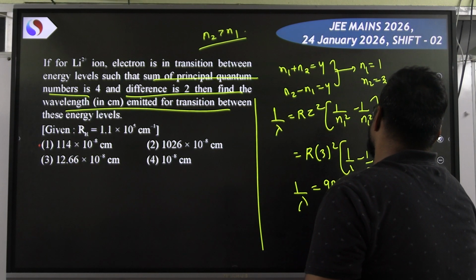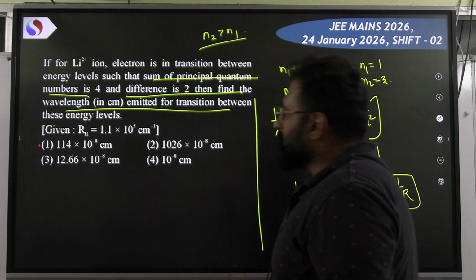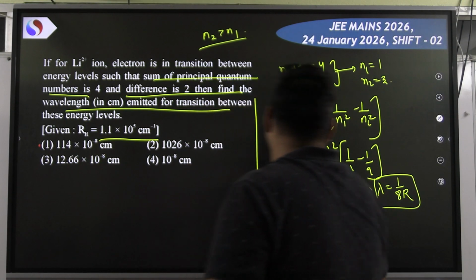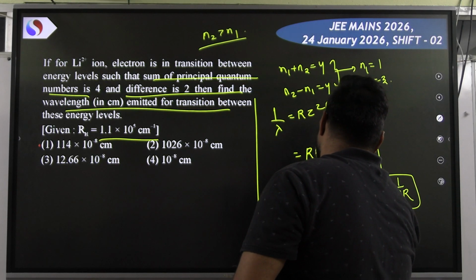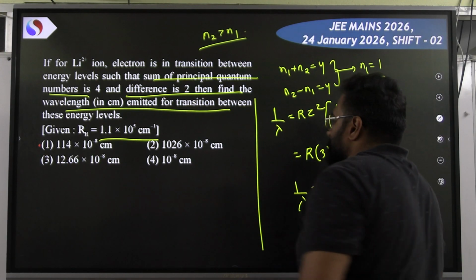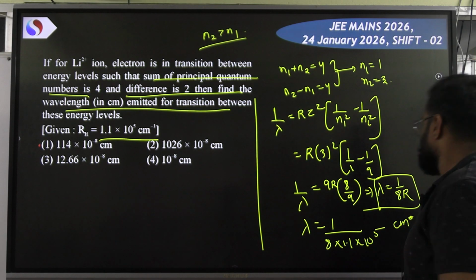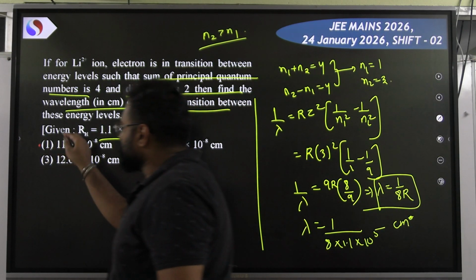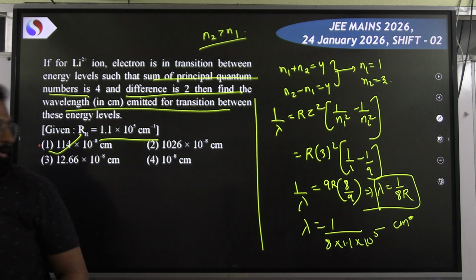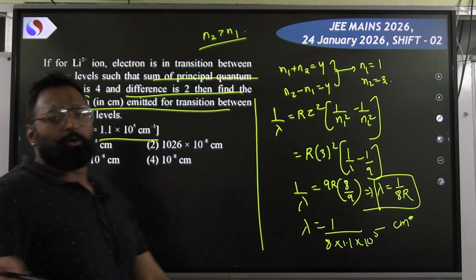So lambda is equal to 1 by 8R. Now R's value is given. So lambda is equal to 1 by 8 into 1.1 into 10 to the power 5. On solving this, the correct answer will be 114 into 10 to the power minus 8 centimeter. Simple question.